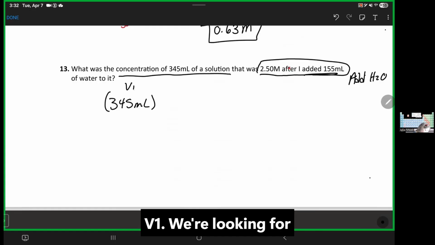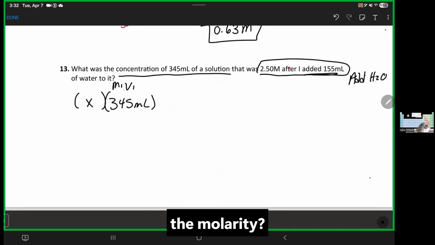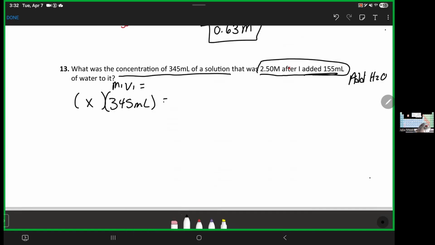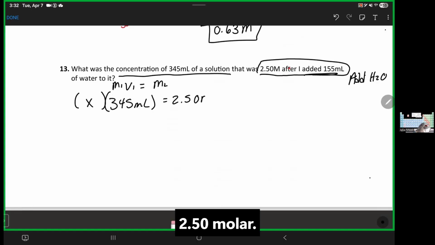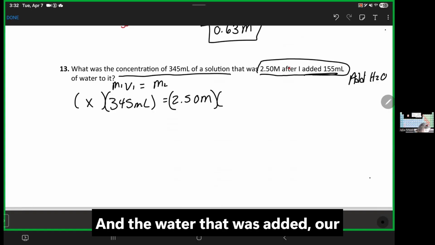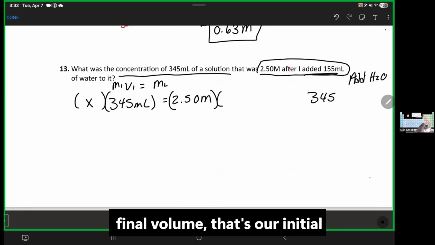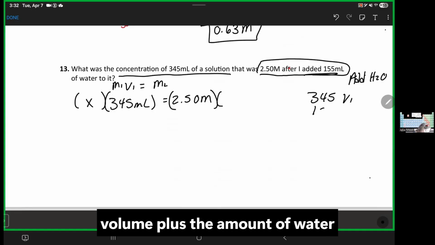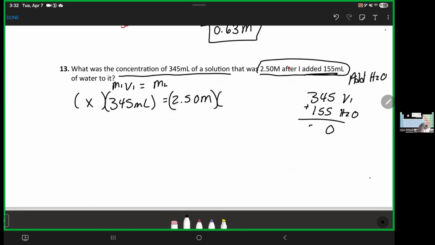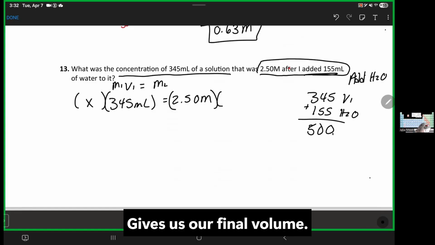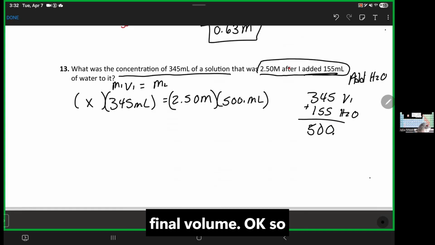There's our V1. We're looking for that M1. What was the molarity? Our second molarity is 2.50 molar. And the water that was added, our initial volume plus the amount of water that we added gives us our final volume. So we had 500 mils as our final volume.